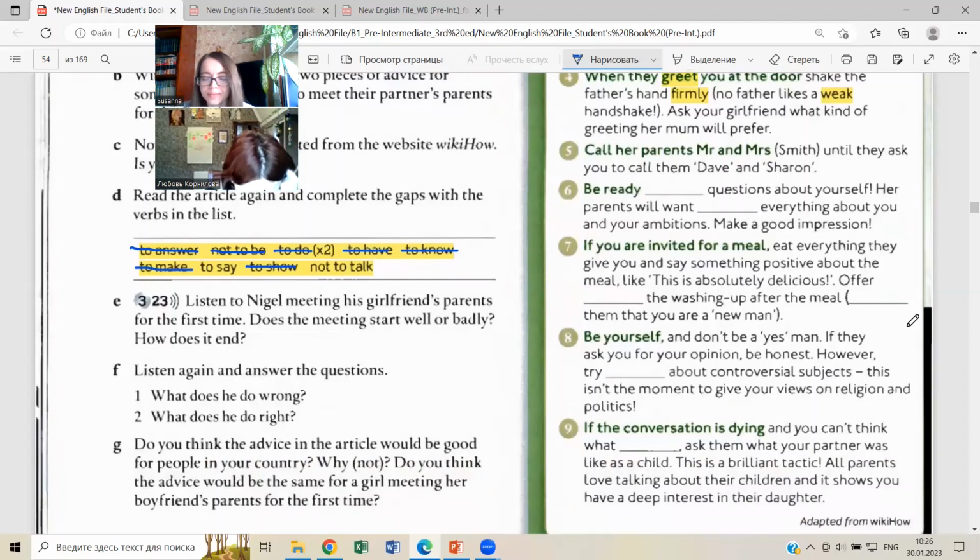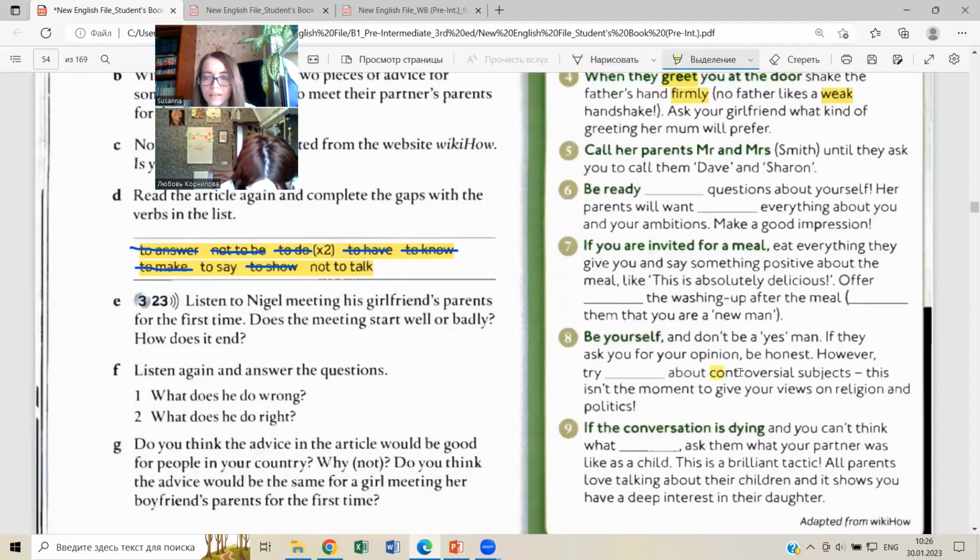Number 8. Be yourself and don't be a yes man. If they ask you for your opinion, be honest. However, try not to talk about controversial subjects.